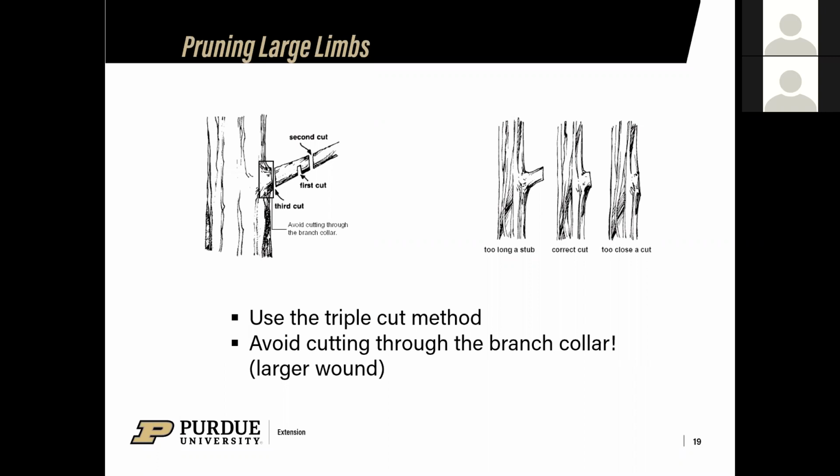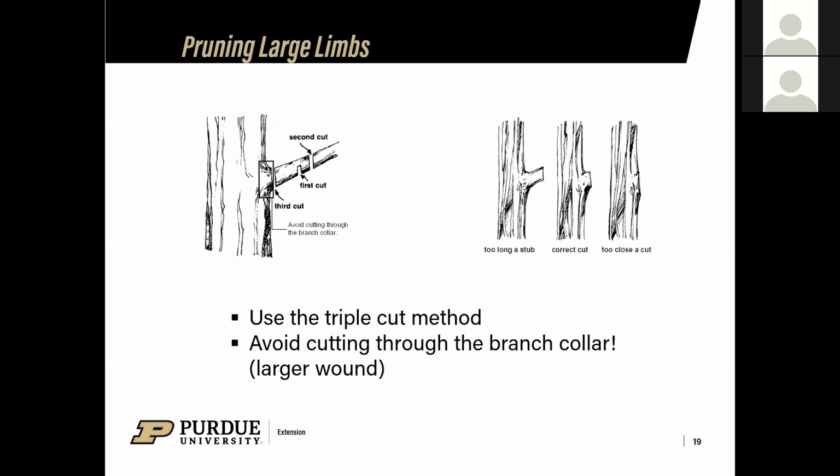Come in and make the third and final cut right outside of that branch collar is where we look for. You can see the pictures on the right there. Again, too long a stub, that stub's going to die back and leave a hole, and start rotting back into the trunk.